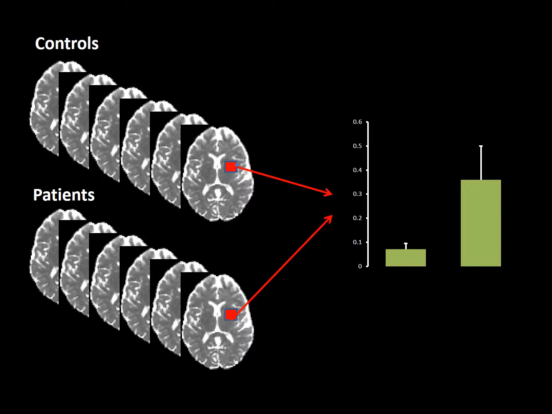Following this, it is possible to compare mean diffusivity of a particular voxel in controls and patients by using t-tests. This can create a map of the brain where mean diffusivity is different between two populations.